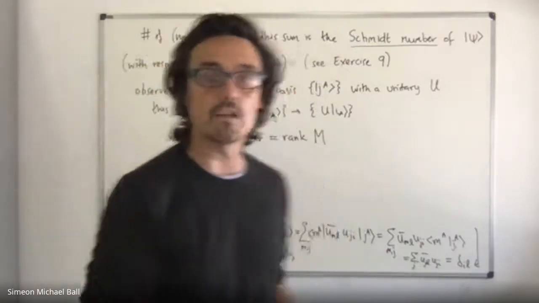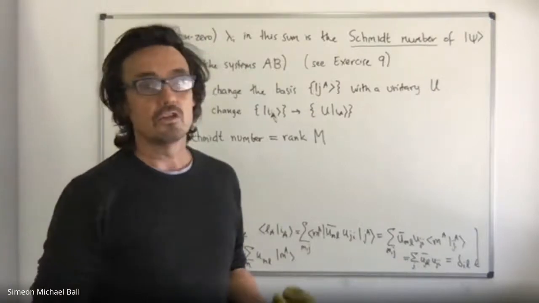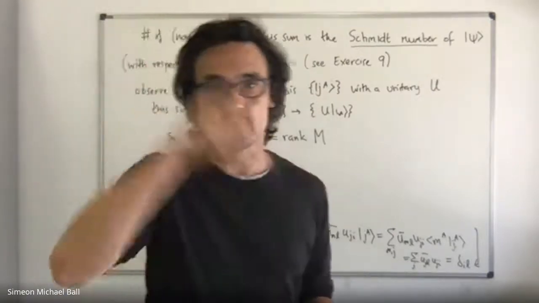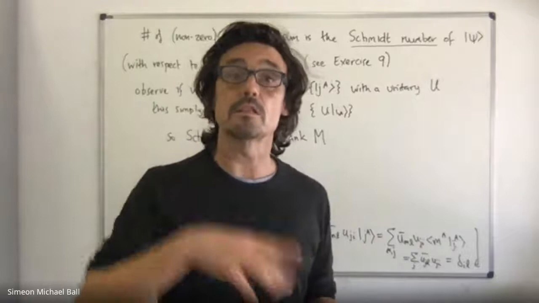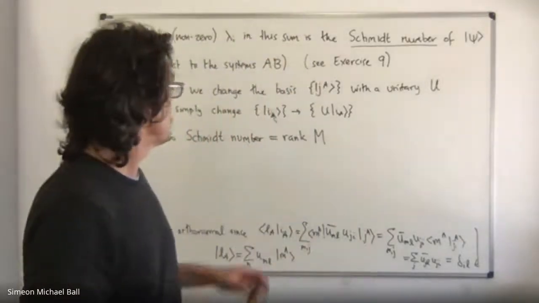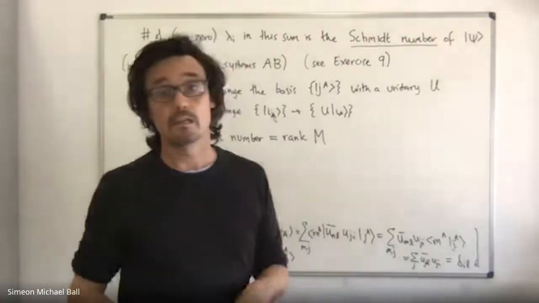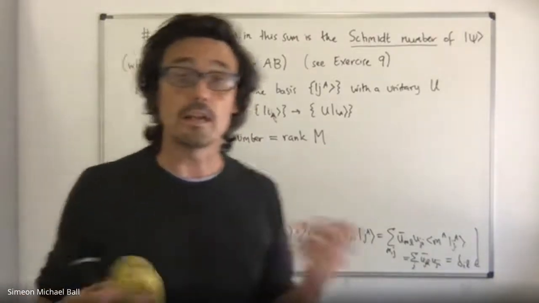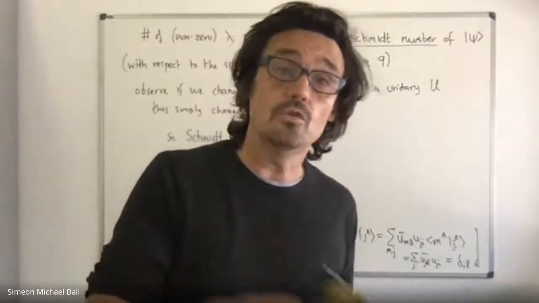But if you just write down a random state, you can then fix your bases. Well, just use the computational basis. You then get your matrix M, and then you say, okay, let me find my UDV.